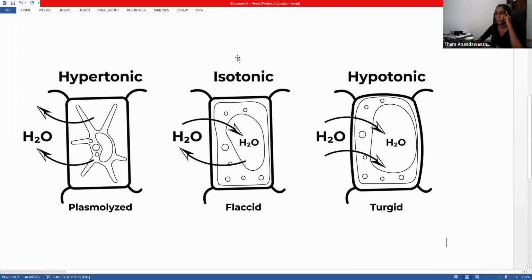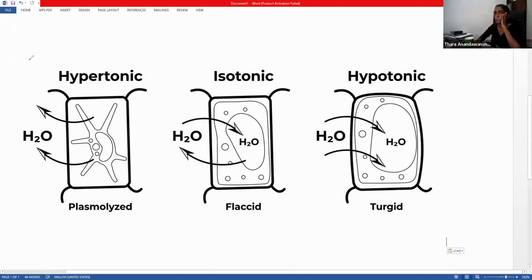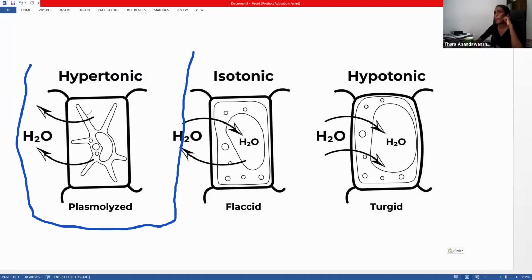Right. You can see the diagram now. Now think if you are putting this cell in a solution which has less water potential than the cell. So what's going to happen here is water is going to come out of this cell to the solution. Am I correct?